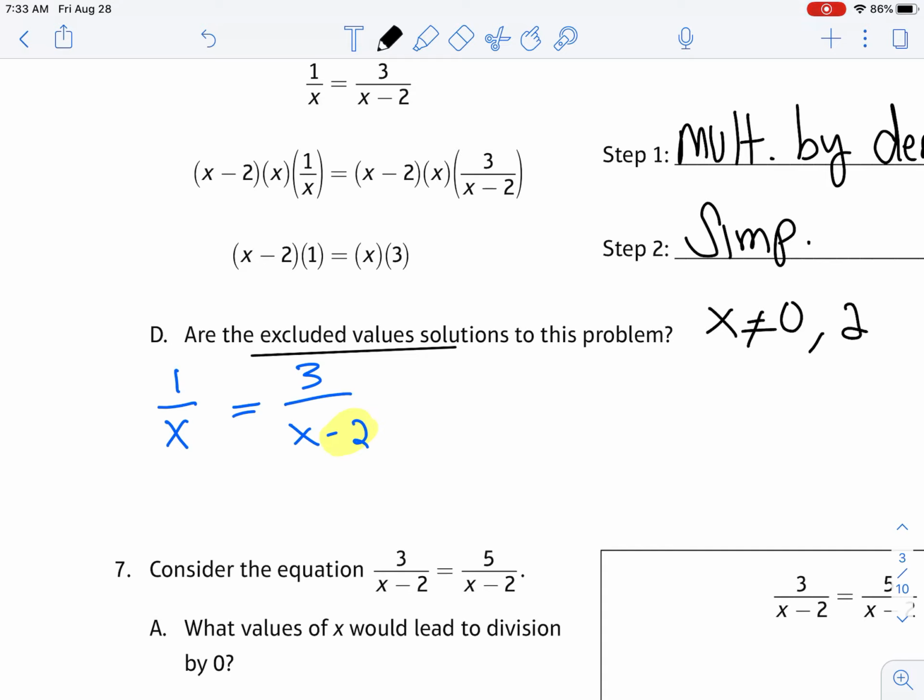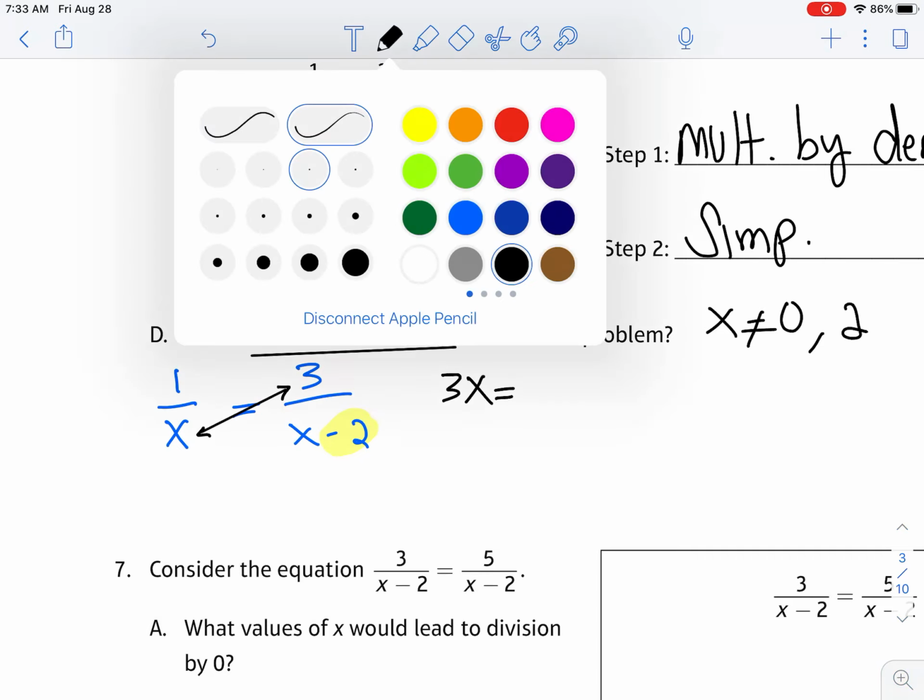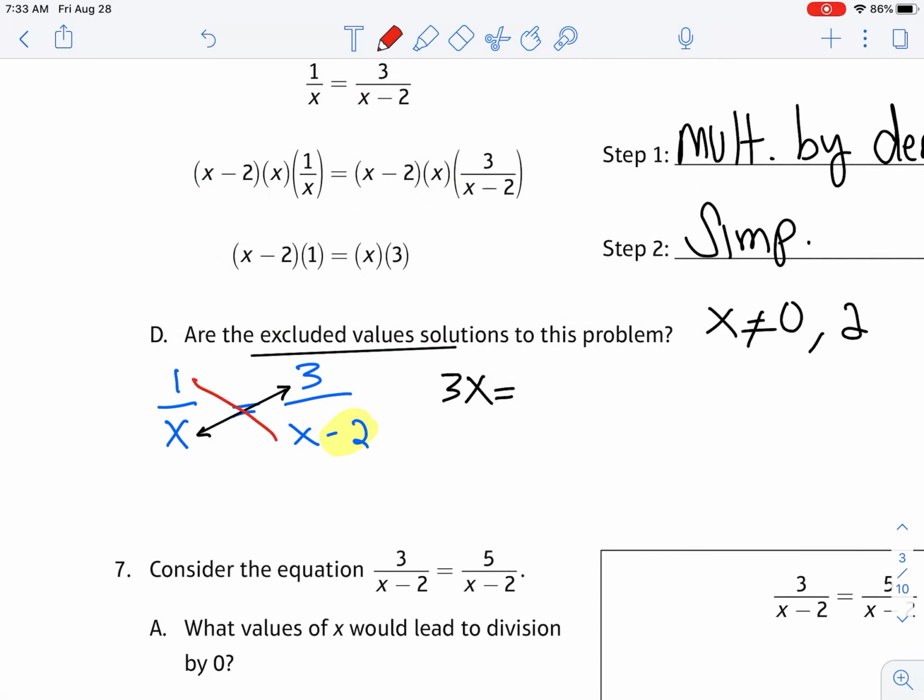All right, so now we're going to go ahead and solve. I'm going to use the cross product. So 3 times x is 3x. And then I'm going to do the other cross product. 1 times this quantity. It doesn't matter what you put in front, it's commutative. So 1 times x minus 2. So we get 3x, and then 1 times anything is itself. Okay.